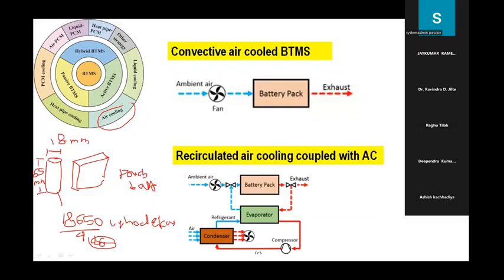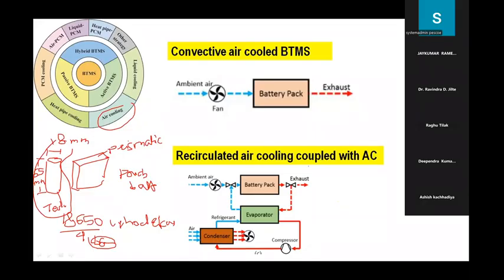A battery pack inherently has a large number of batteries, whether cylindrical or prismatic in nature. In many electric vehicles, you will find these two configurations. For example, Tesla adopts the cylindrical batteries, and other manufacturers adopt the prismatic battery.